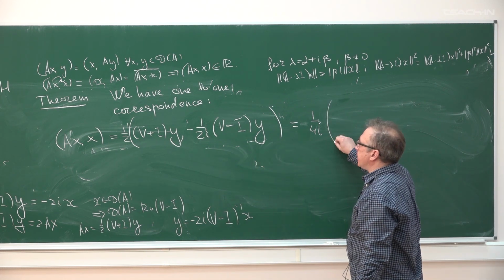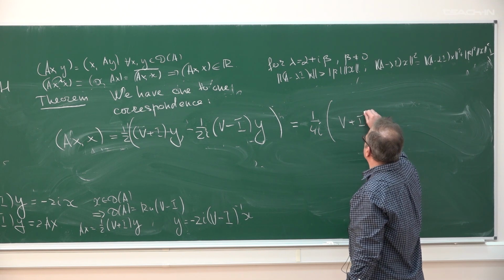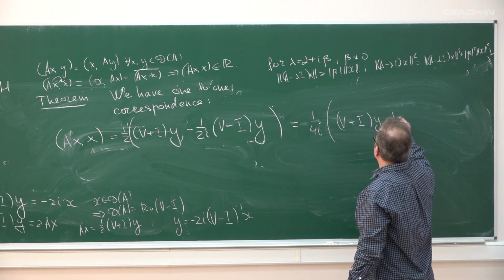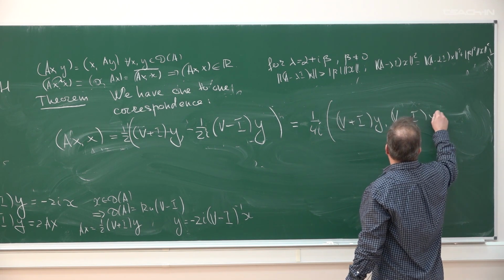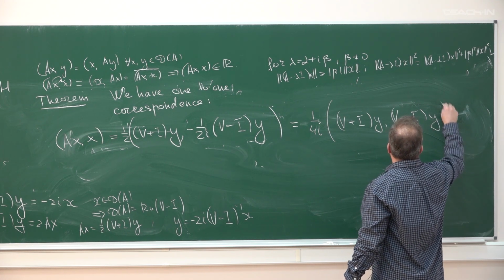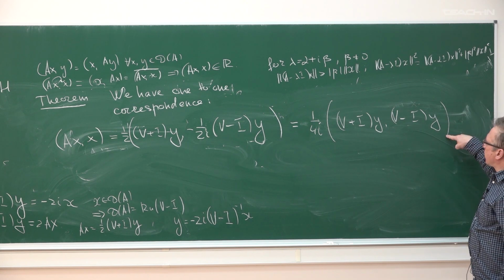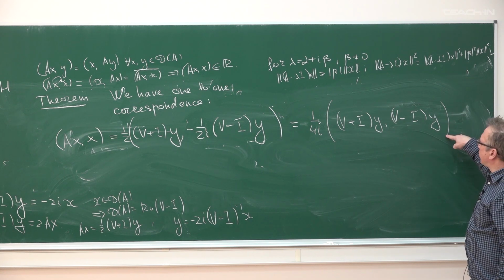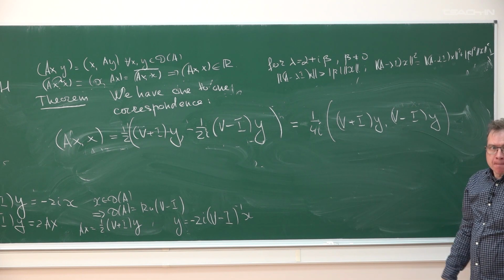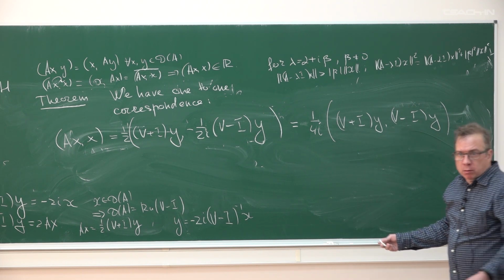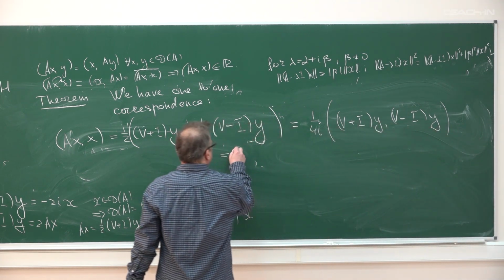And what do we have here? We have this, and these are brackets for the scalar product. Okay, let's take away brackets.